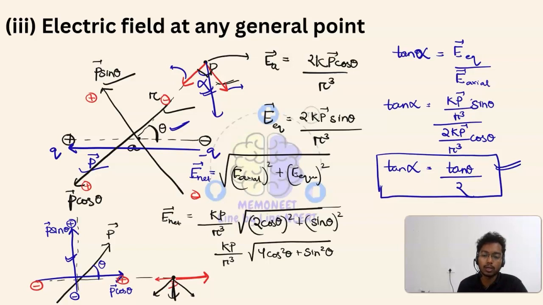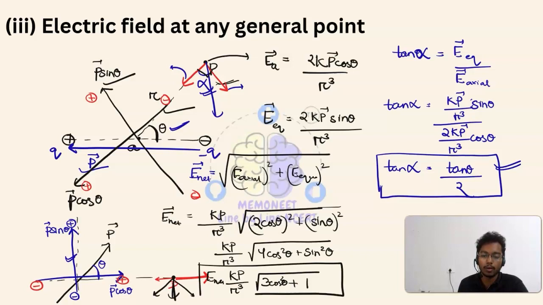We know that cos square theta plus sin square theta is 1. Let's take one cos square theta outside. So we have kp upon r cube under root of 3 cos square theta plus another cos square theta plus sin square theta, which will be 1. So this will be the net electric field, E net. Okay, so this will be our another formula.